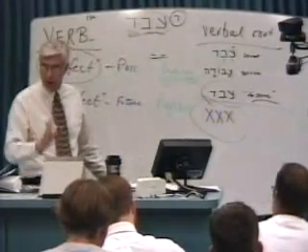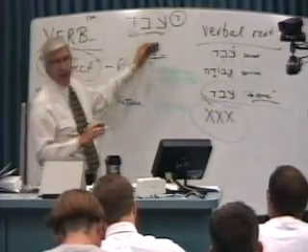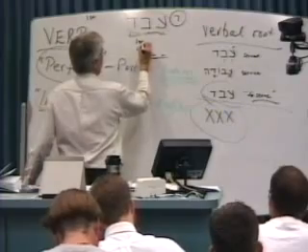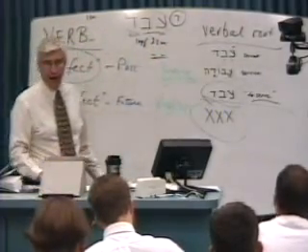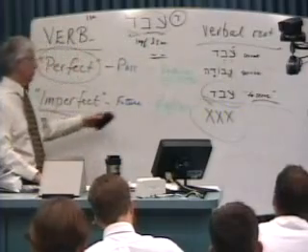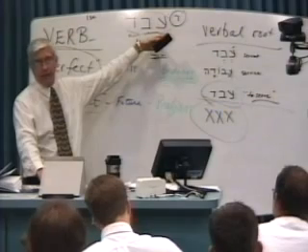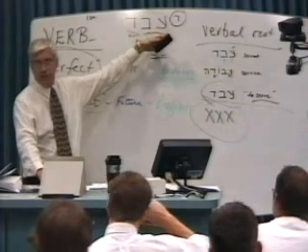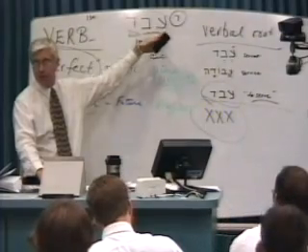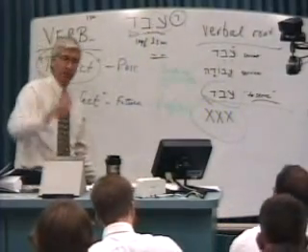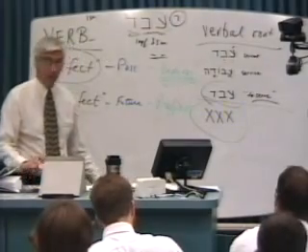But just to show you how all of this works, if this sight unseen is the imperfect third singular masculine form of the verbal root avad, and the imperfect means future, translate this. You don't know the vowels yet, it's yavod, but so what? Just seeing this much and knowing what I've told you, this verb means he will serve. Get it? Okay.